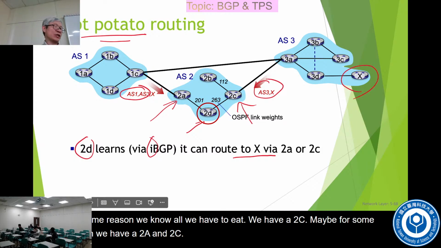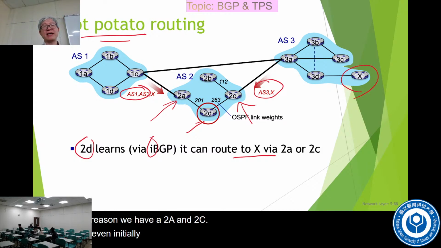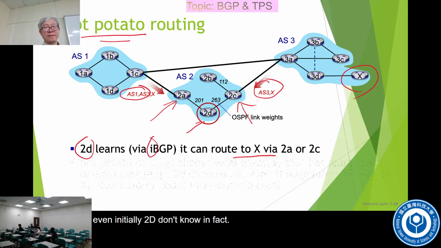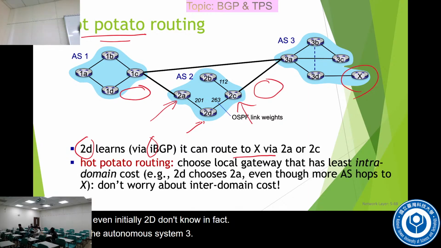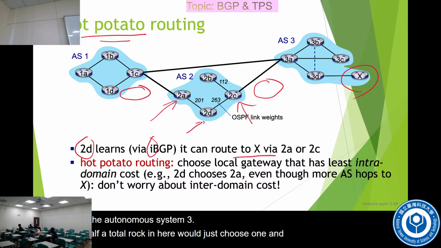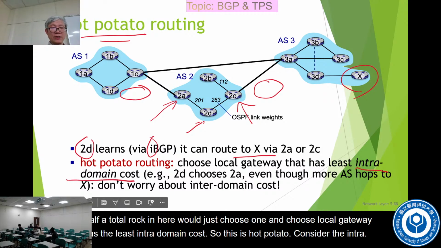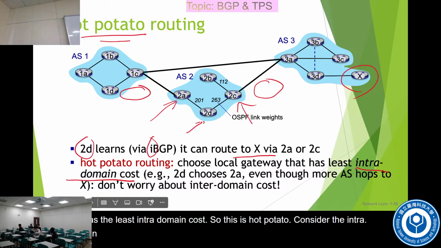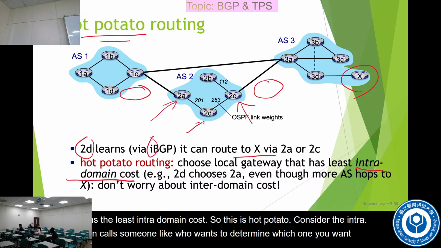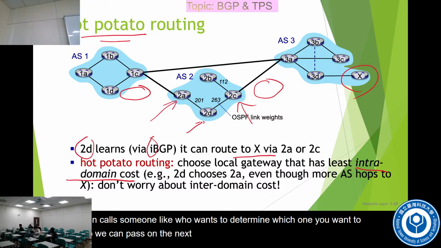Even initially, 2D doesn't know, in fact, near the autonomous system 3. And with hot potato routing here, we just choose one. And choose the local gateway that has the least intra-domain cost. So that says hot potato considers the intra-domain cost. Something like we want to determine which one you want to use, so we can pass on the next hop. And hot potato actually cares about the gateway.